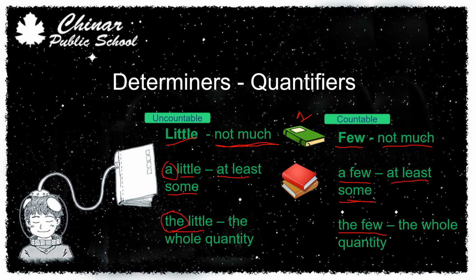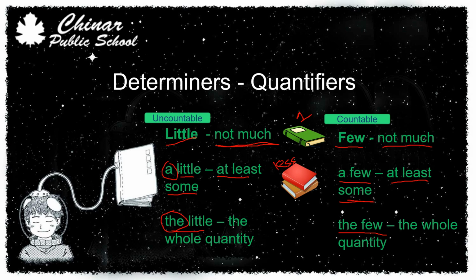That means you have books of maybe 1 or 2 or 3 periods, but not of all the periods. So that means the books are less, but there are some books in your bag. So we use a few, and in the same way we use a little.